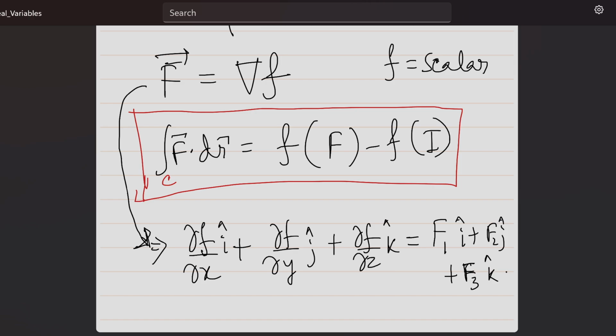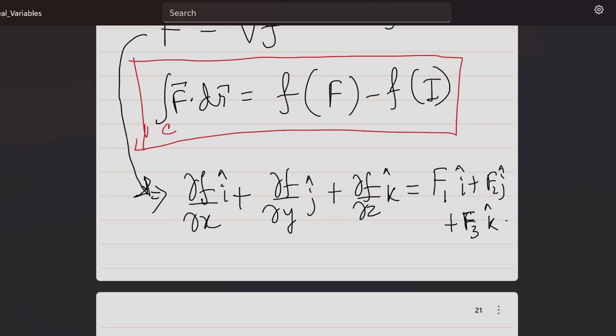Nothing I did, I just expanded. So what is del f del x? Del small f del x is f1. What is my f1 here? f1 is x square plus y. And del small f del y is f2, which is y square plus x. And del small f del z is f3, which is z e power z.